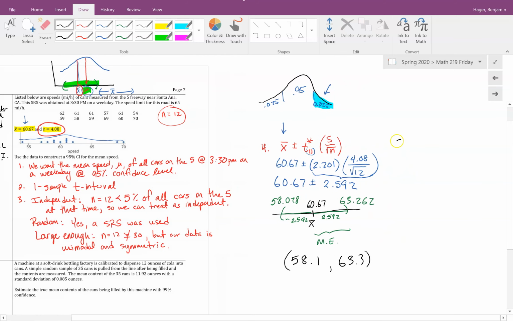So then the last step, 5. The last step is to go ahead and interpret results.